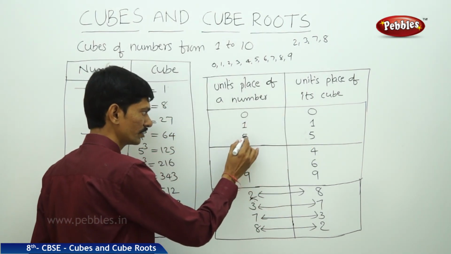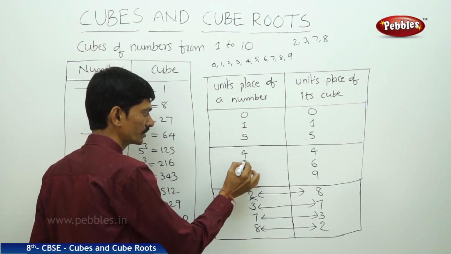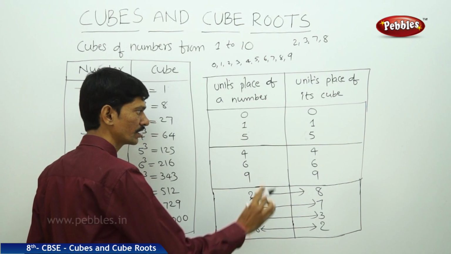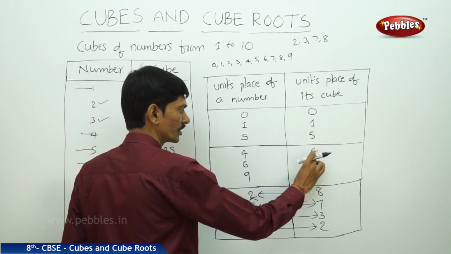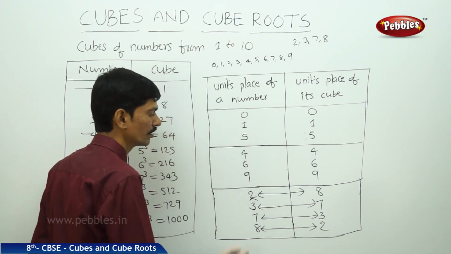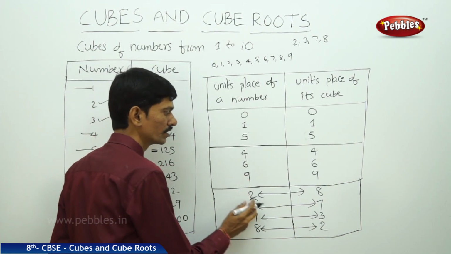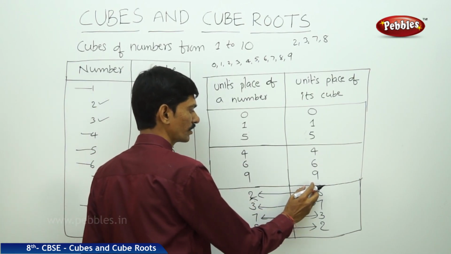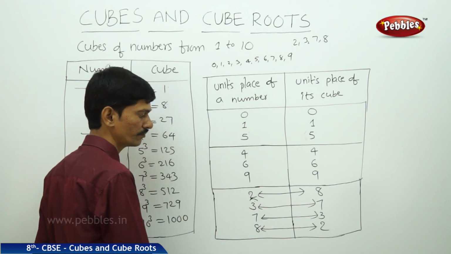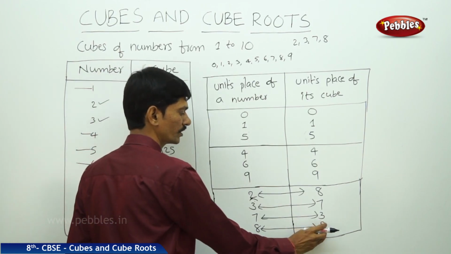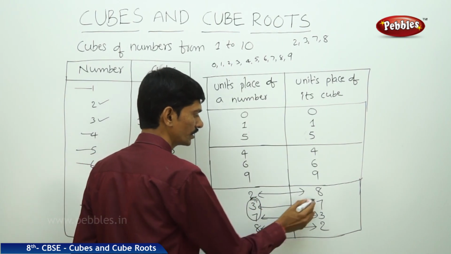If the units places of the given number are 5, 4, 6, 9, then obviously the units places of the cube are 5, 4, 6, 9 respectively. If the units place of the given number is 2, then 8 is the units place of the cube, or if 8 is the units place of the given number, then 2 is the units place of the cube. And we can observe the same thing in 3 and 7 also.